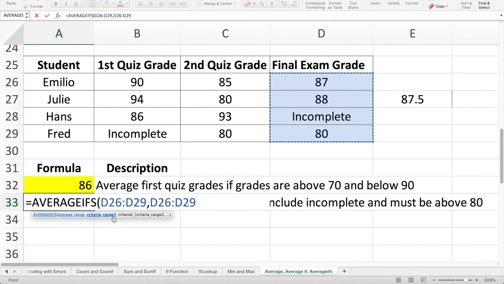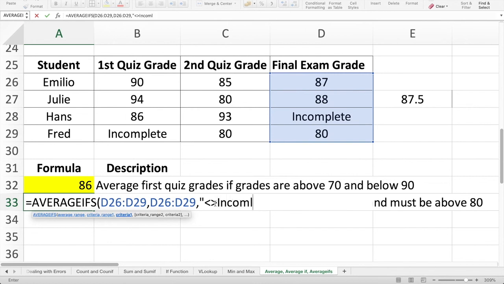For the criteria 1, that is don't include incomplete, that must be apostrophe, then less than or greater than. This set of symbols reminds us that this is actually not equals. Okay, so let's write here Incomplete.